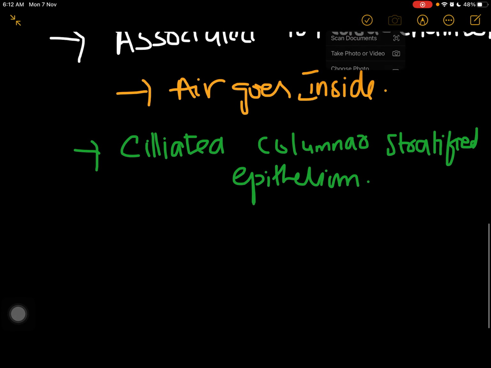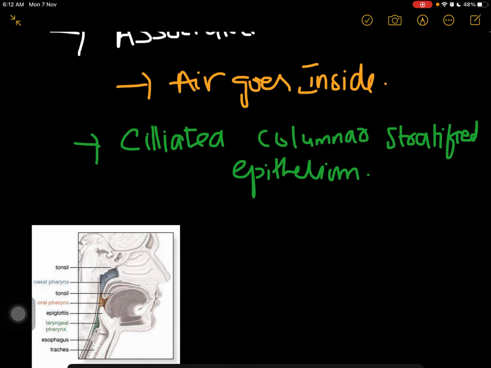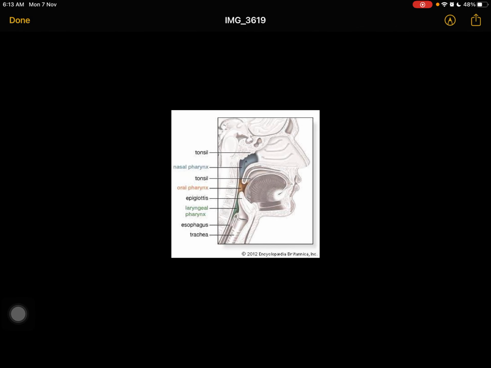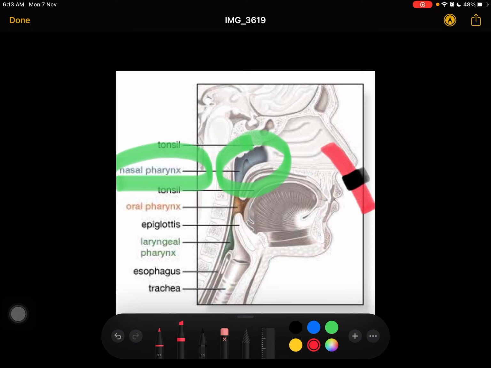Let me show you the diagram of this. You can see this portion is known as your nasal pharynx, from which, these are your nostrils, and the air is coming inside your body through this nasal pharynx.